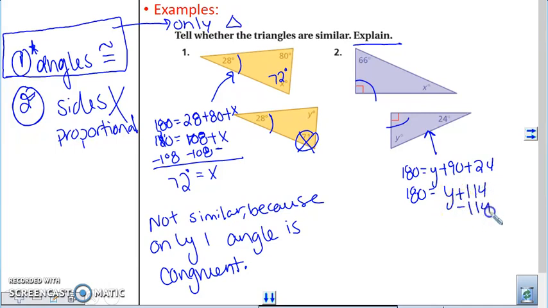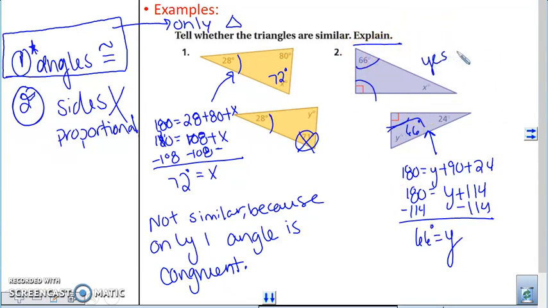Take away 114. And then 180 minus 114 is 66 degrees, which is equal to y. So y is 66 degrees. Does this other triangle have 66 degrees? Yep. Two angles are congruent, therefore these two are similar.